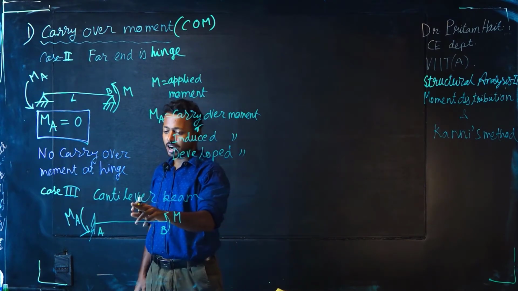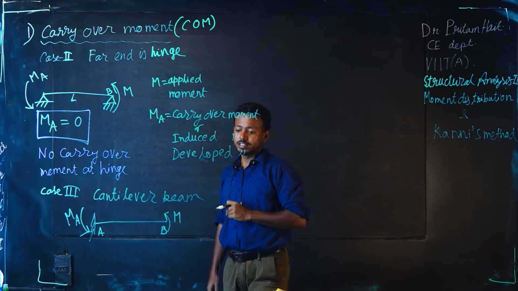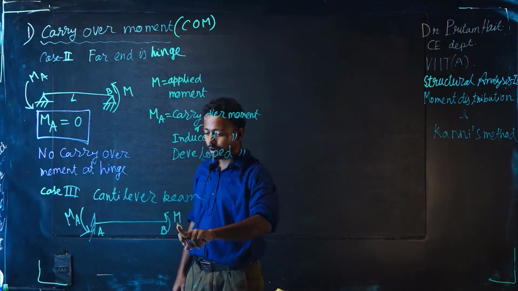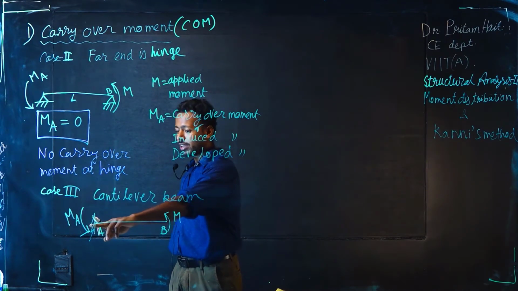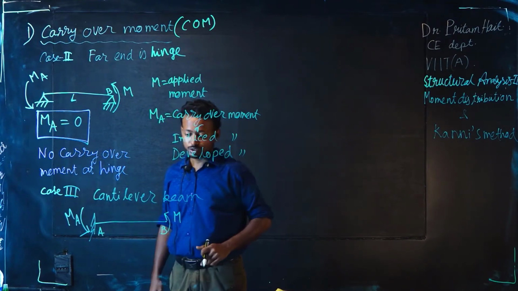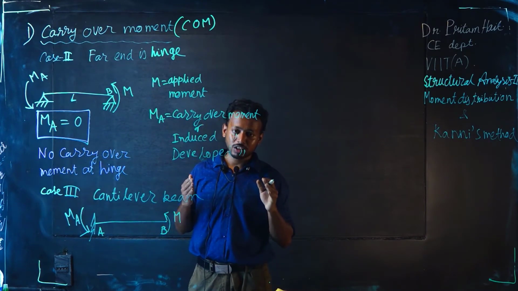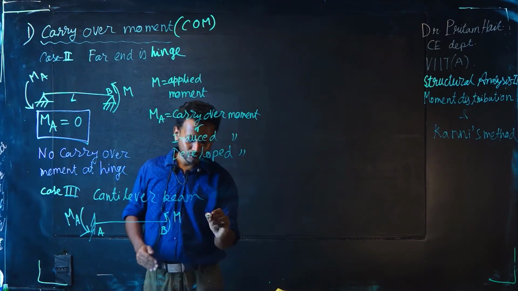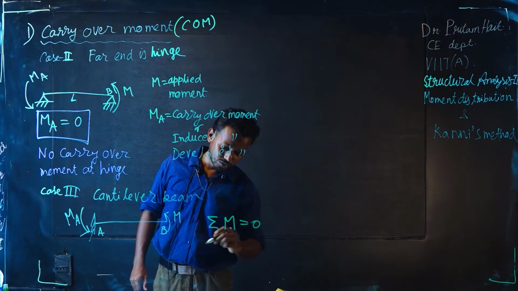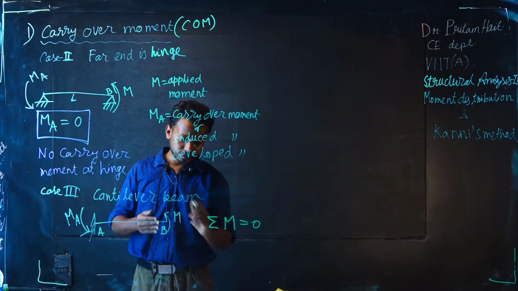Come to the third case. If the beam is a cantilever beam, okay? So if I apply a moment M at this free end, what will be the carryover? MA will be the carryover to the far end. So in this case, I can write the total sum of all the moments will be 0 in this beam. So I can write sum of M equals 0. Okay. So what moments are working in this beam?